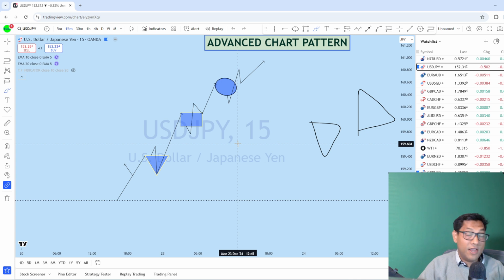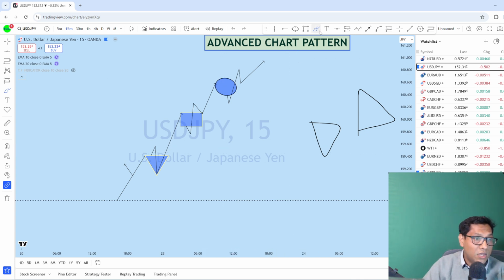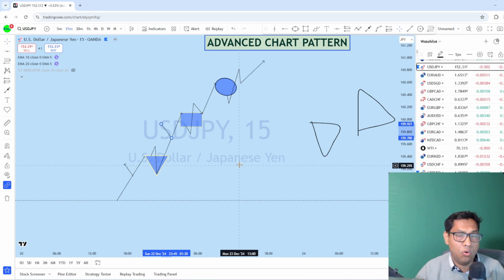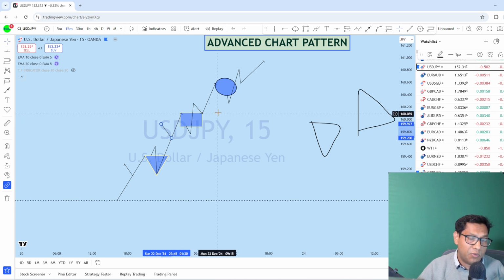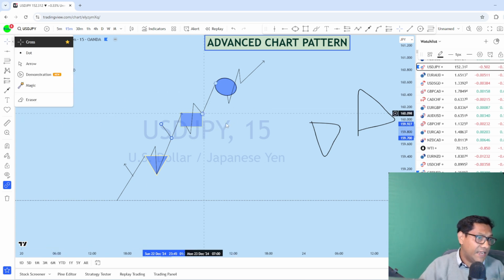Now let's look at a different shape. With the same pattern, once the market managed to break from that structure, it formed another pole, and once it formed the second pole, we could see a similar kind of shape. In this example, we are looking at this rectangular pattern.